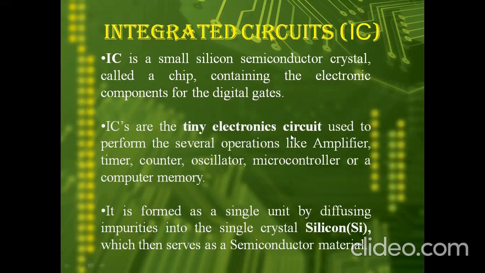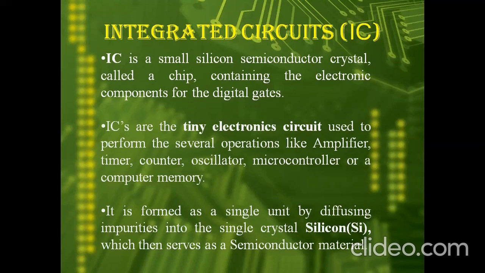ICs are tiny electronic circuits used to perform several operations like amplifier, timer, counter, oscillator, microcontroller, or computer memory. An amplifier is an electronic device which is used to increase the strength of a signal. Suppose the input voltage is low.